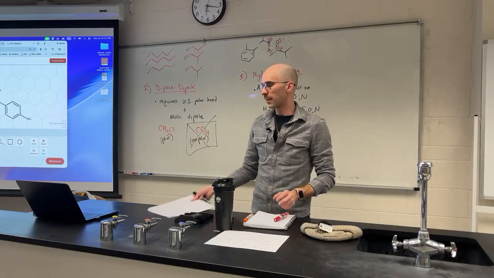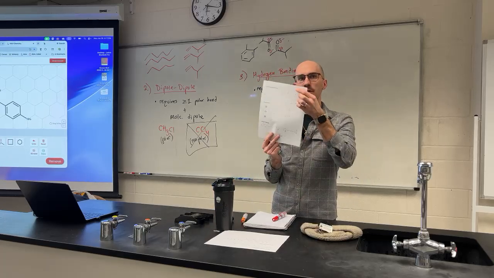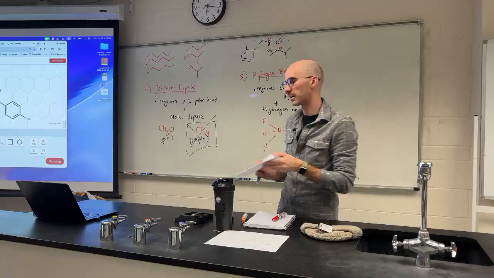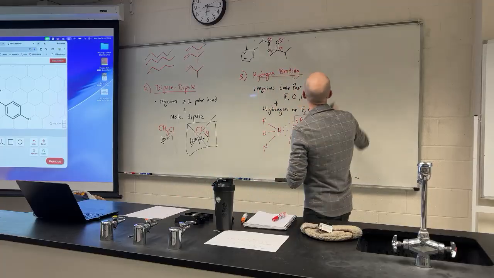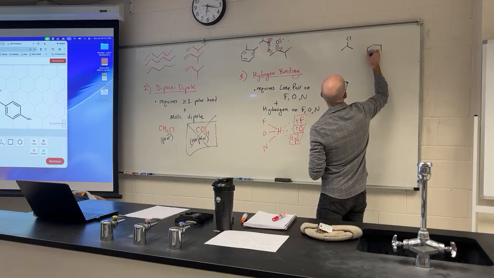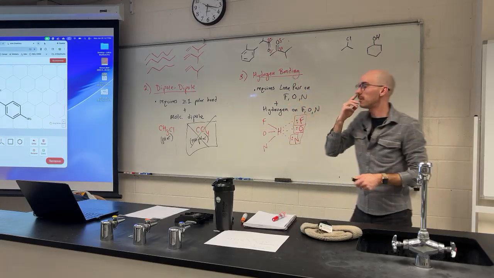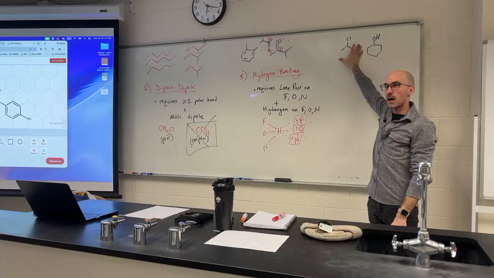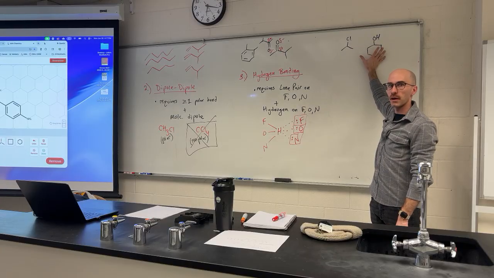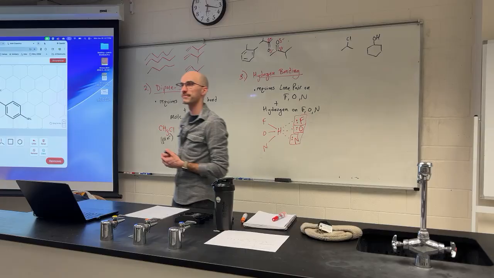Okay, the third set of compounds. Do either of them experience hydrogen bonding? In a pure sample of the compound on the left and the compound on the right, do either of them experience hydrogen bonding within themselves?